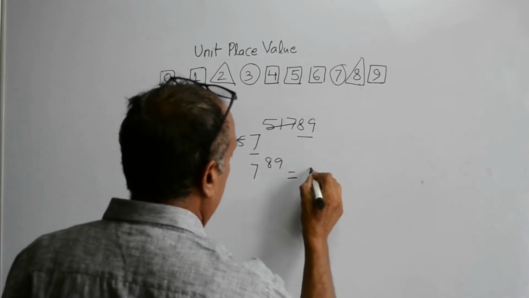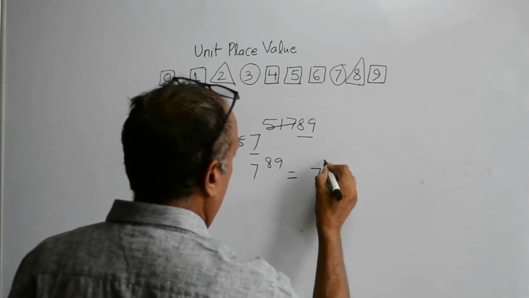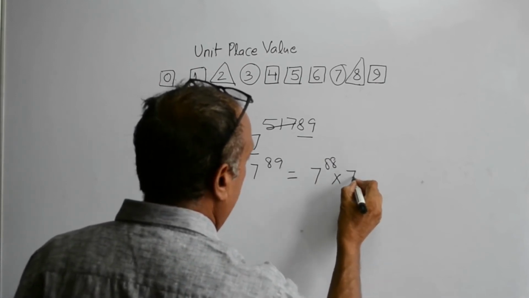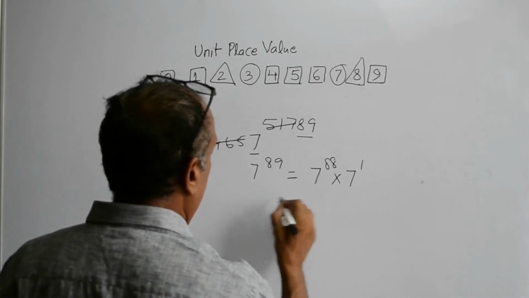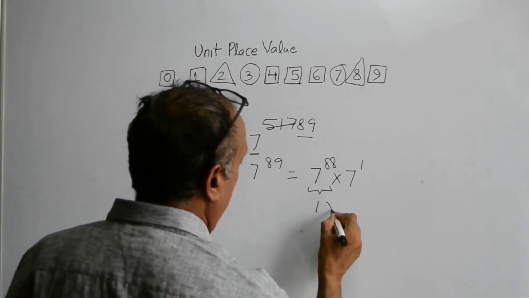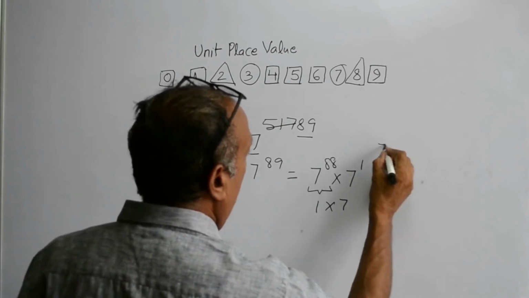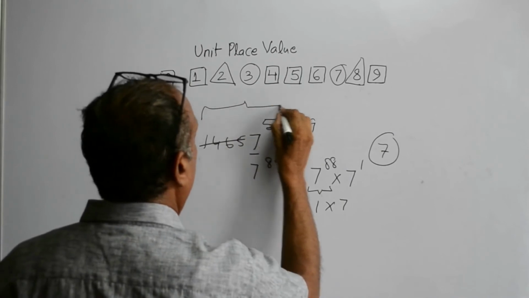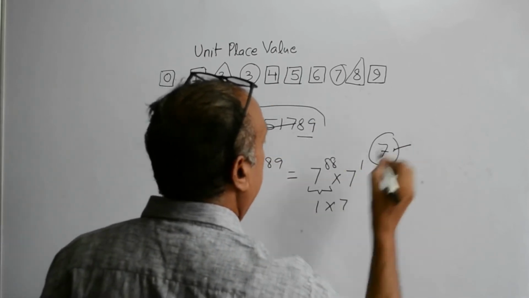This is equal to 7 raised to power 88 multiplied by 7 raised to power 1. So this portion is going to give us 1 as the last digit multiplied by 7. So the last digit of this expression is going to be 7.